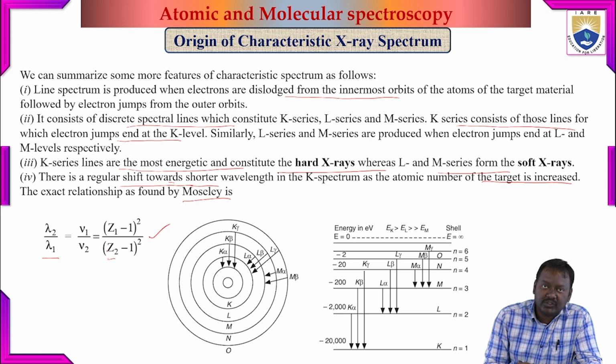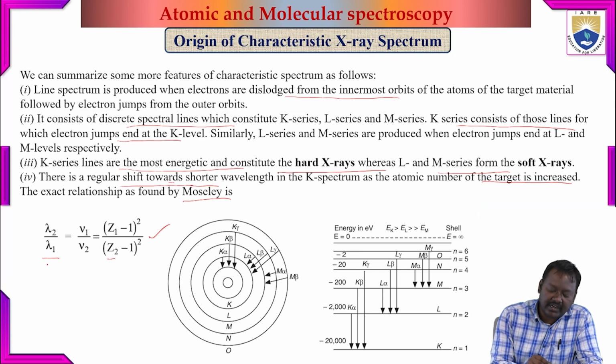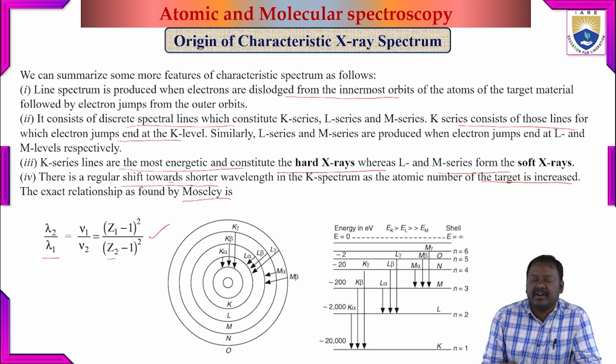So as we are using two elements having atomic numbers Z1 and Z2, this is the relation. That means wavelengths are inversely proportional to the atomic number.